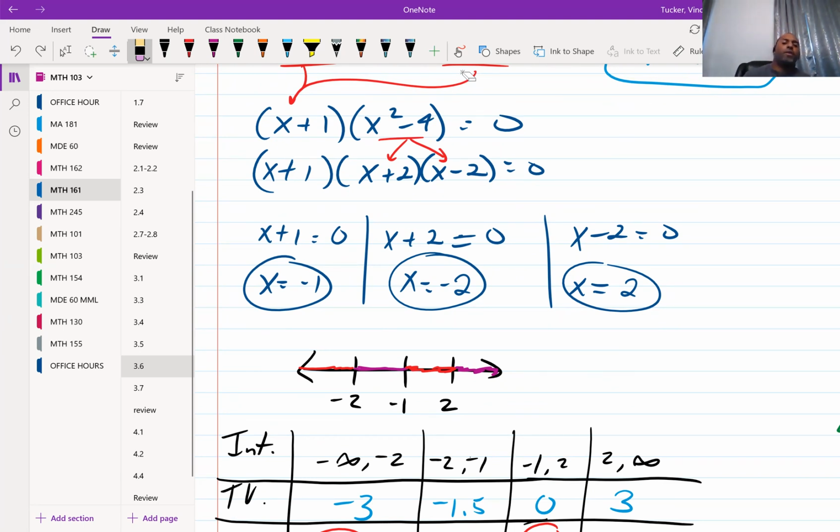All right, so that first interval is negative infinity to negative 2. Then we're talking about negative 2 to negative 1, negative 1 to 2, and then 2 to infinity. So that's what we have right here.